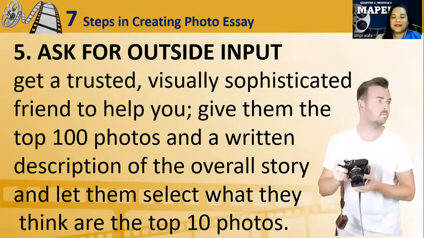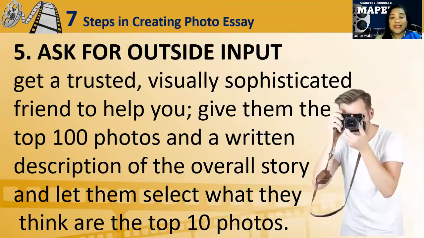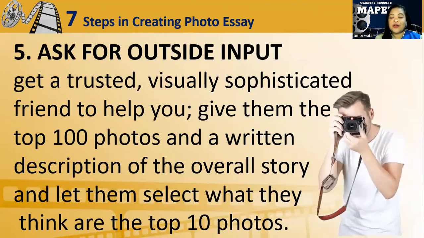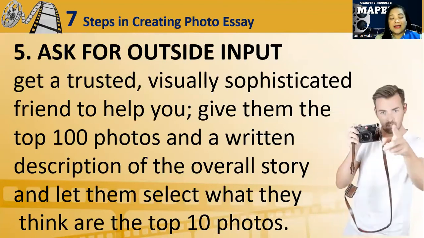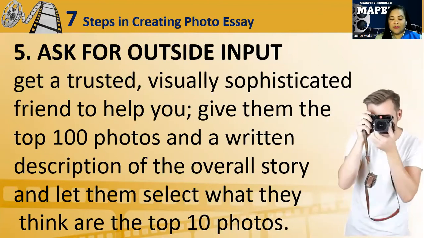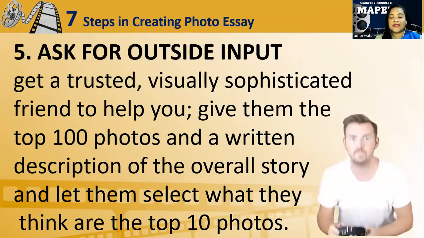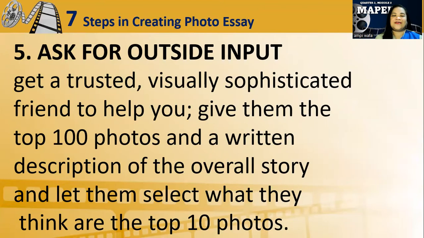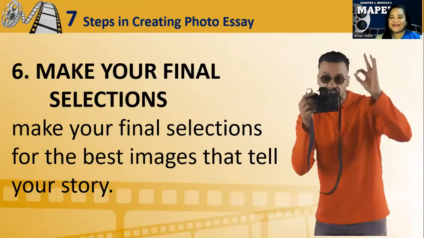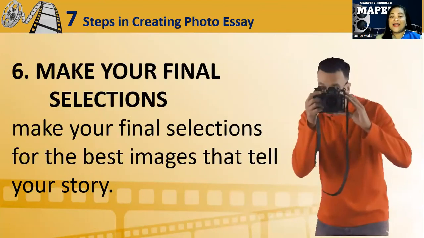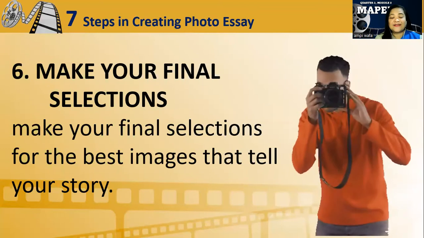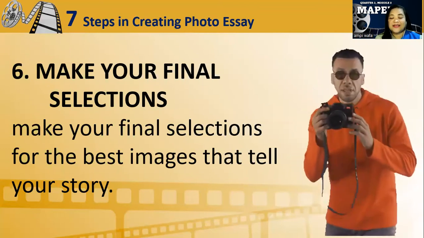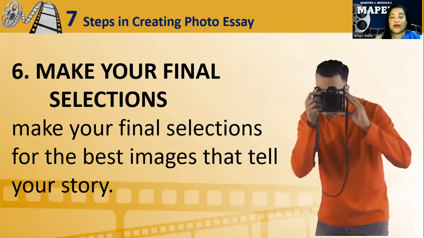Give them the top 100 photos and a written description of the overall story and let them select what they think are the top 10 photos. Number 6, make your final selections. Make your final selections for the best images that tells your story.